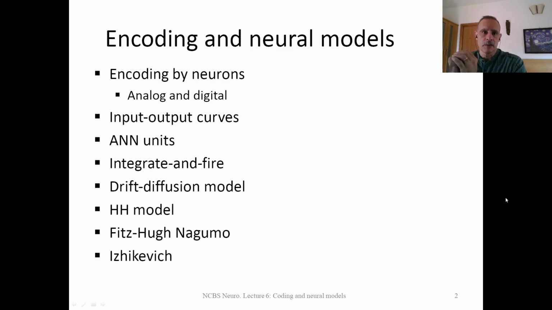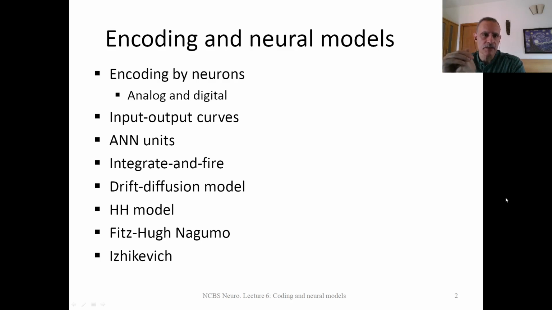So I'm going to discuss the following sections. We'll discuss encoding by neurons as a general overview, the analog and digital aspects of it. We'll be spending a little time on what are called input-output curves. How does the output activity relate to what input is coming into the cell? Then we'll go down a list of neuronal models. We'll talk about artificial neural network units, not spend too much time on those.